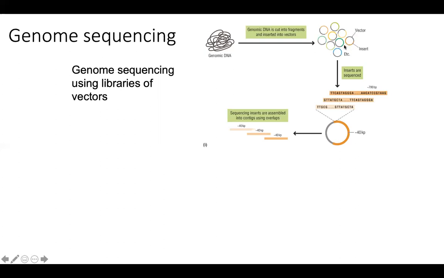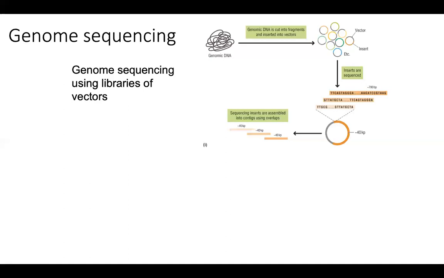The problem with sequencing unknown DNA is that we don't know what primers to use, right? Remember when we talked about Sanger sequencing, we needed a primer binding to our sequence of DNA.